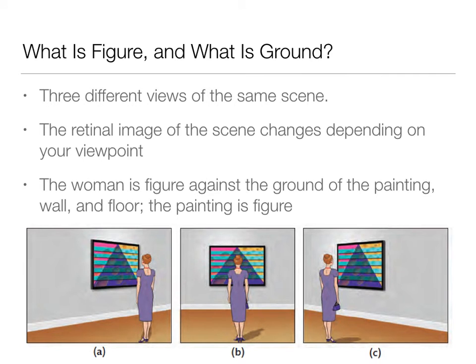In all three of these, the woman is against the painting, the wall, and the floor, and the painting is a figure too. So we have both the painting as a figure and the woman as a figure. But in B, the woman is on top of the painting, which is on top of the background. So we have a lot of different figures and a lot of different grounds. How do we determine what is figure and what is ground?